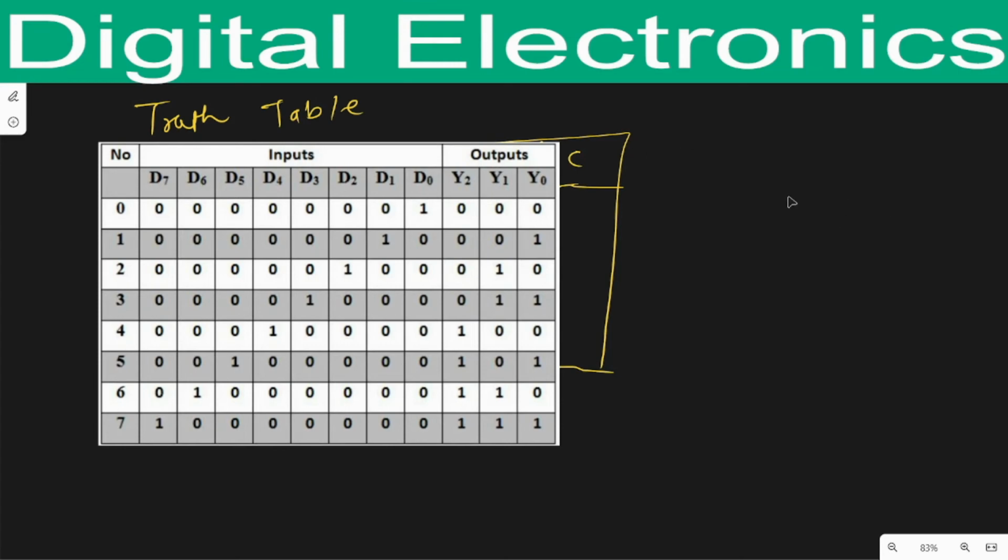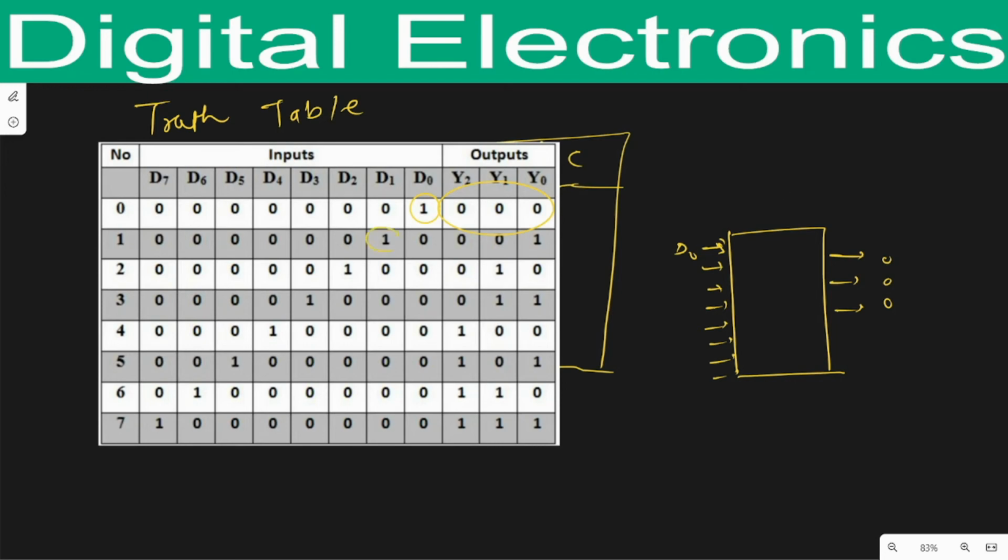From this truth table, it is clear that when D0 equals 1, the output will be 0, 0, 0, when only the one input D0 is activated.